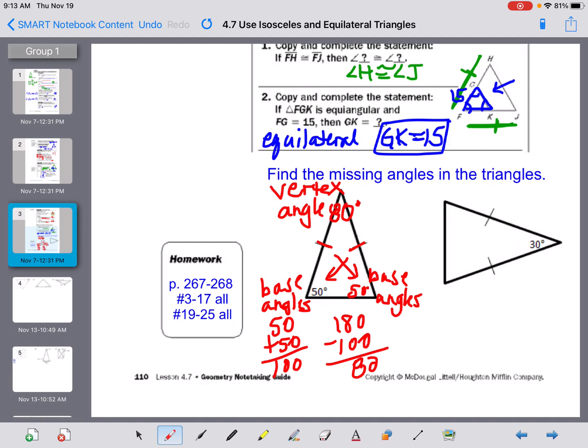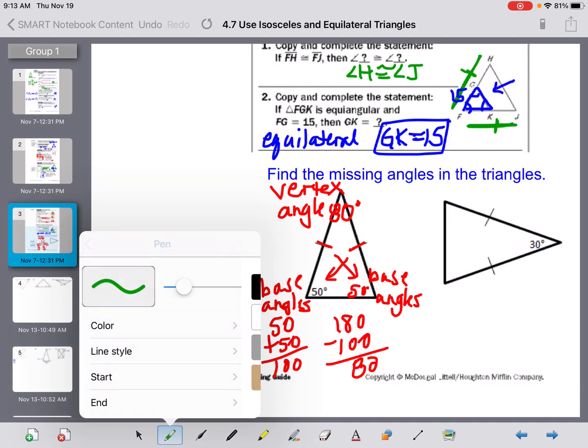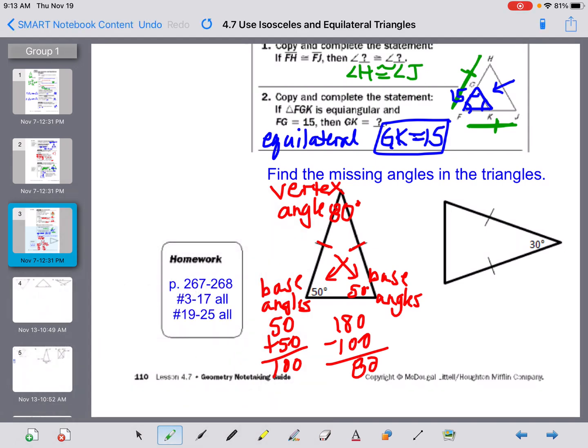Okay, next one over here. Isosceles again, my angles point to congruent angles, but I don't have those. I only have the vertex angle. So if I have a vertex angle and it's 30, I can do 180, and I used up 30.